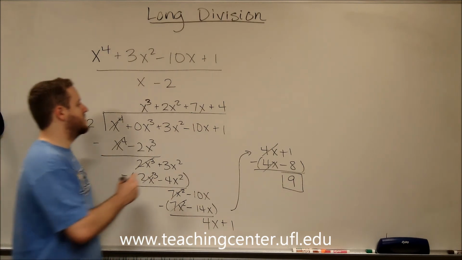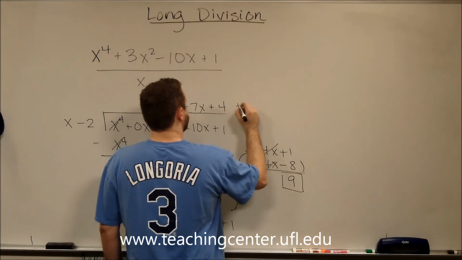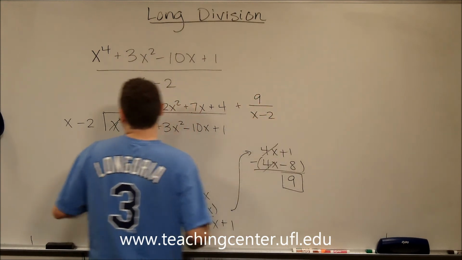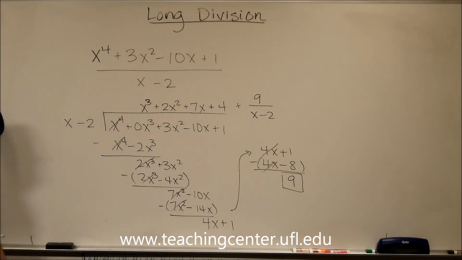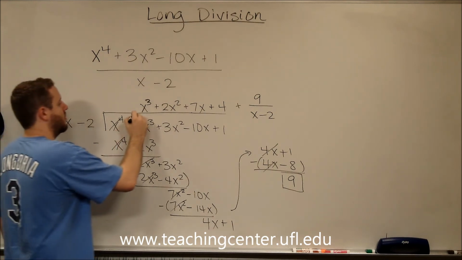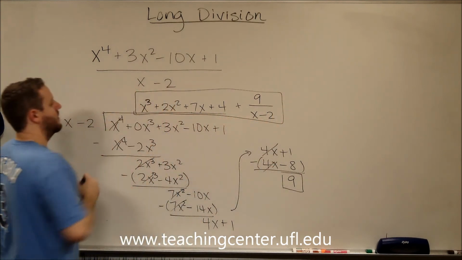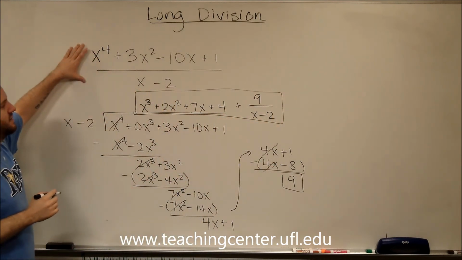So how you write that remainder term is you would write plus 9 divided by what you were dividing by. So this whole term right here is the same thing as this.